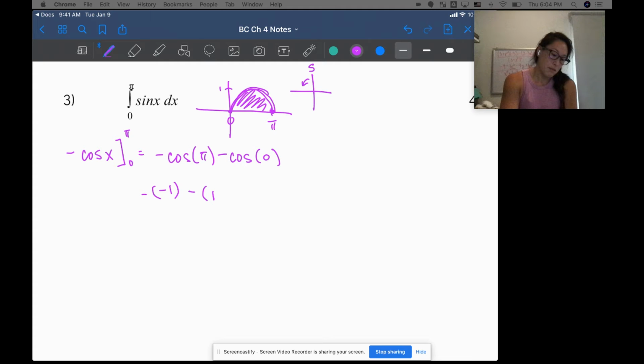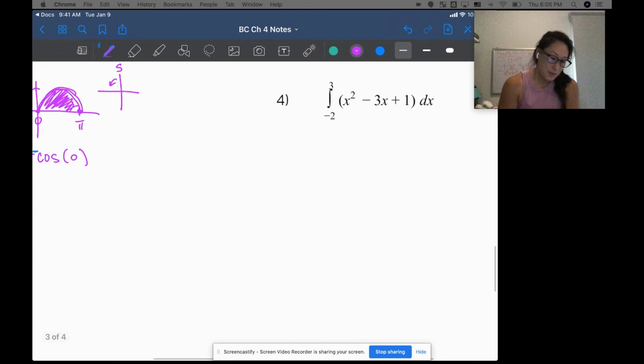I did something wrong here. I need to subtract a negative. So my cosine of 0 is 1, and I get positive 1 plus 1 gives me 2. So the area underneath the curve from 0 to pi is 2.